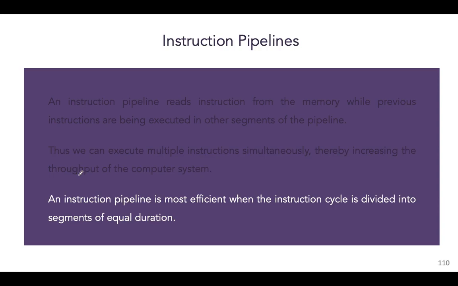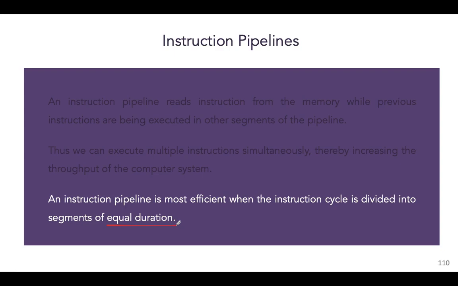Now, instruction pipelines are most efficient when the instruction cycle is divided into segments of equal duration. And we've already discussed this in the previous videos. The speed up that you get using a pipeline is the highest when you can make sure that each of the segments takes equal time to perform its operation.